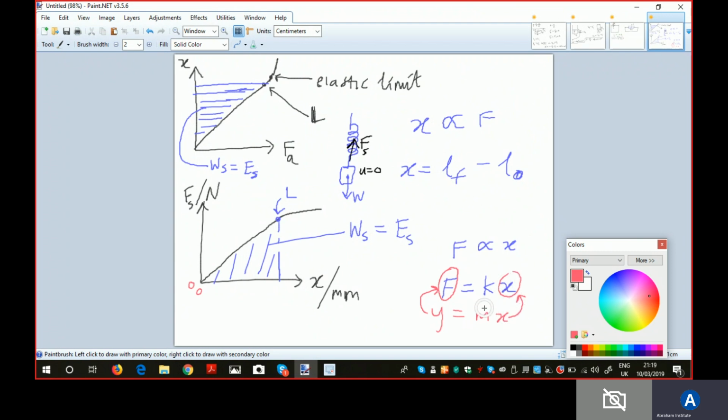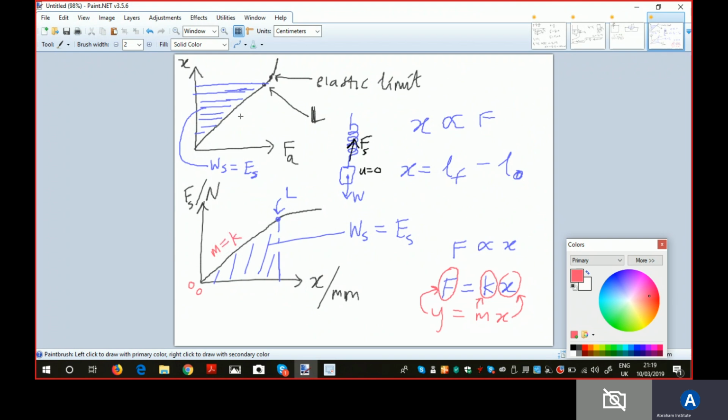Then the gradient will be the stiffness constant or elastic constant. Do you understand? So if you calculate the gradient of this, let's say the gradient is m, that is equal to k.